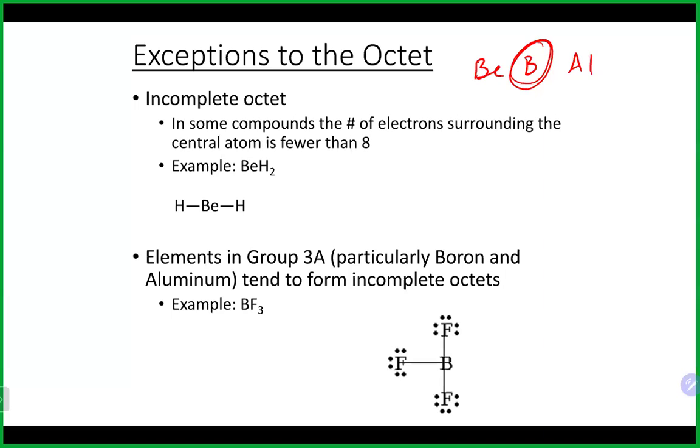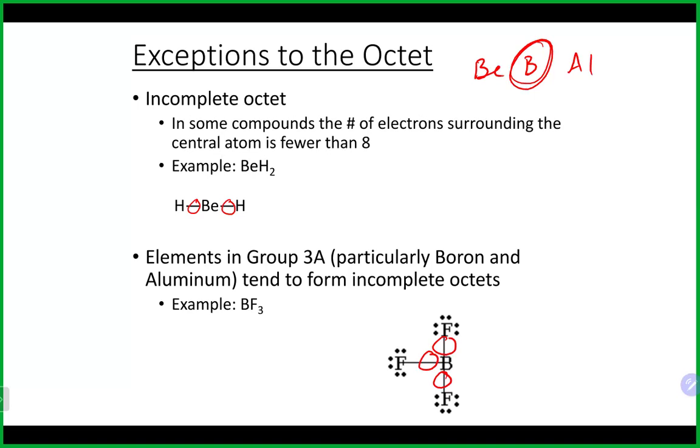For example, in BeH2, this Be only has 4 electrons around it, and it's perfectly fine with that. Boron here, which is a very common incomplete octet, is perfectly fine with just 6 electrons around it. Those are the 3 that will go less than 8.